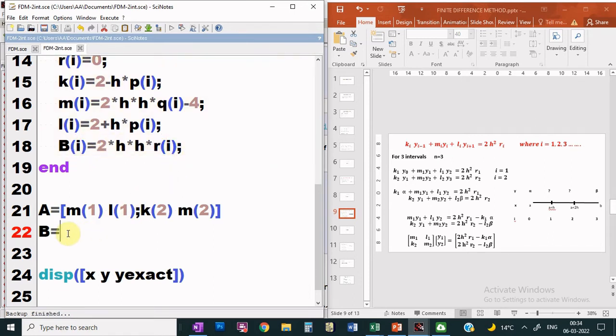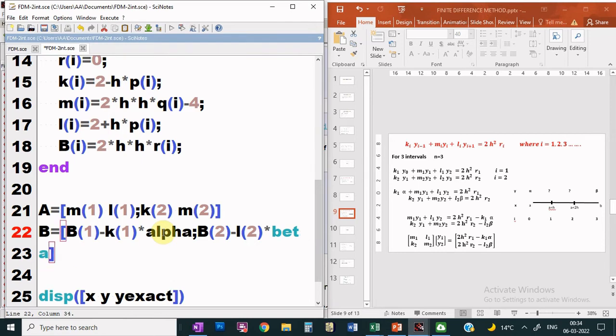So B1 will be the B1 which we have computed over here minus K1 times alpha. And the second element will be 2h square r2, so this will be b2 from here, b2 minus l2 star beta. So basically we have to simply write down all these values as they appear in the matrix form.